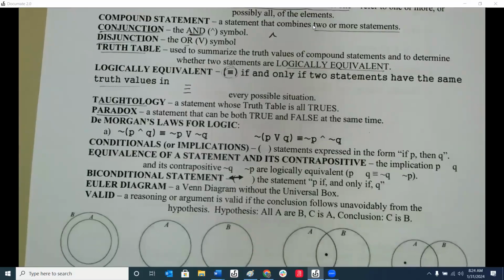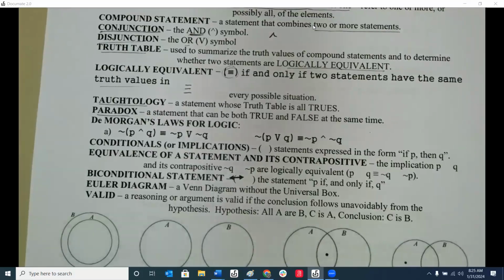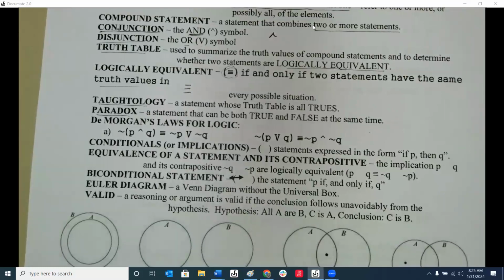A tautology is when we have two statements and the outcome is always true. For example, two statements could be it's either day or night. Those are two different statements. Day, the conjunction is or, night. It's either day or night.